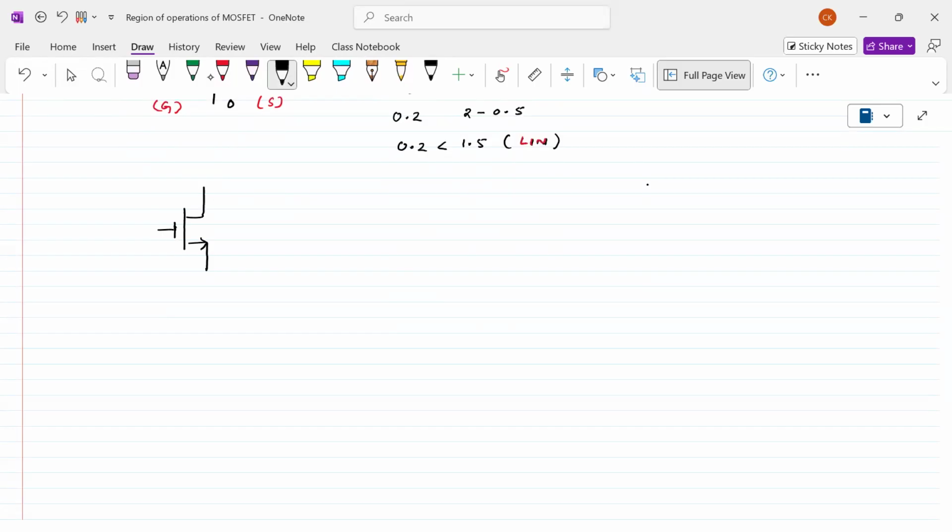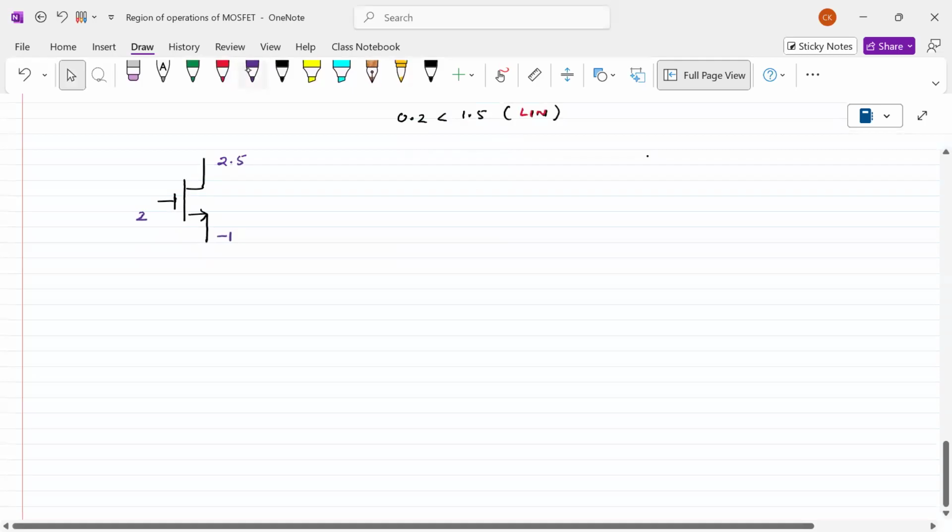Let us look at it this way. This is at, for example, 2 volts, this is -1, and this is 2.5. Then how do we know the region of operation?